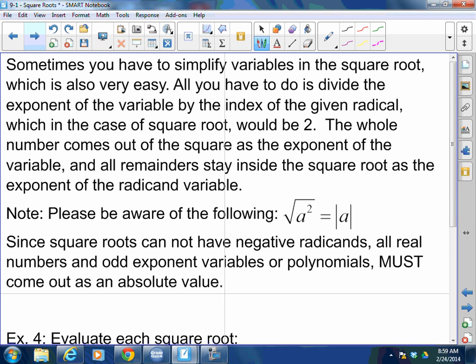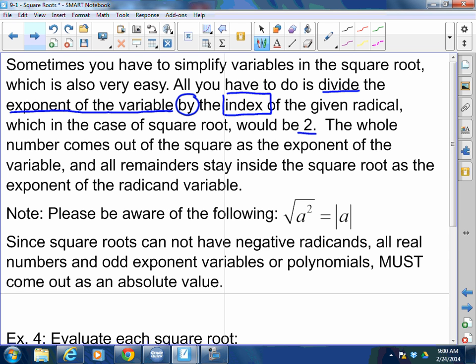All you have to do, please pay attention, is divide the exponent of the variable inside the radicand by the index of the radical, which in the case of a square root is, of course, 2.